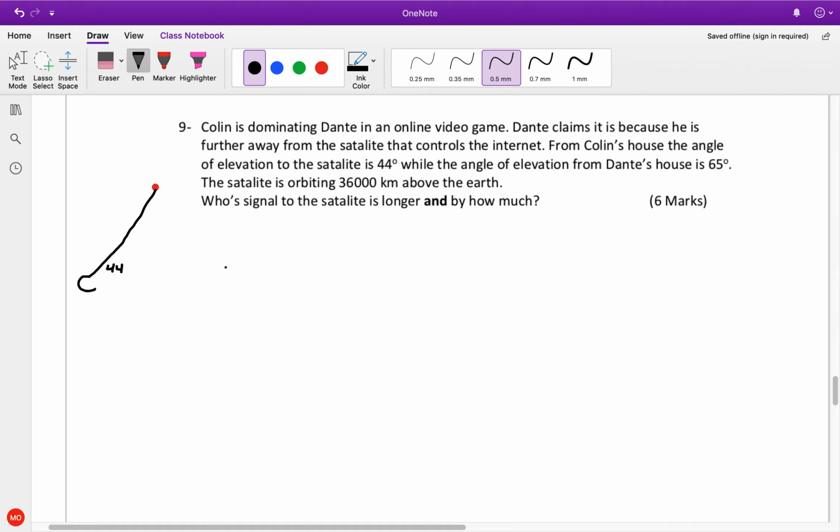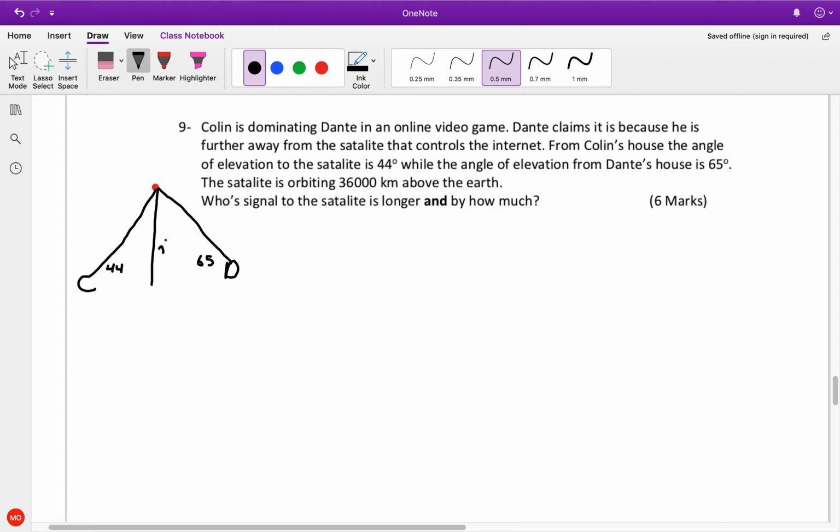And from Dante's house is 65 degrees. The satellite's orbiting 36,000 kilometers above the Earth, so that's going to be here.